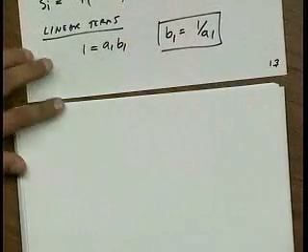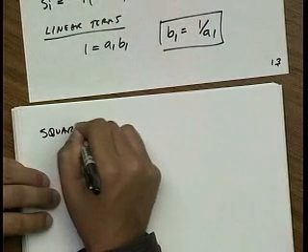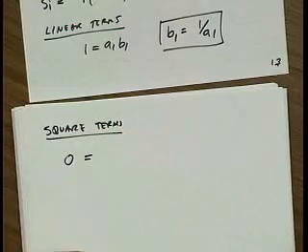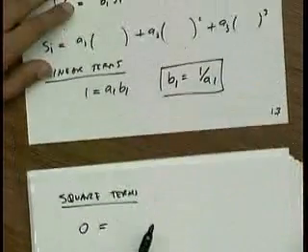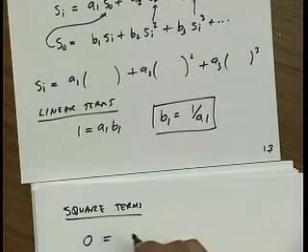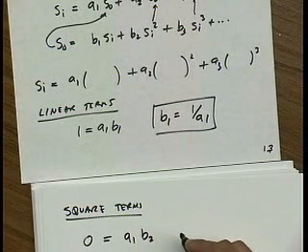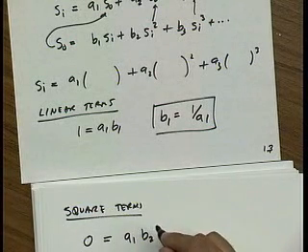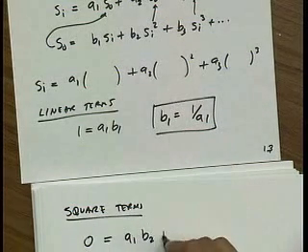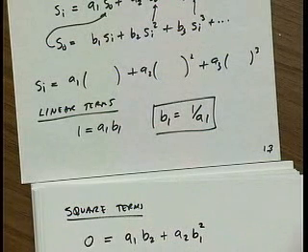Okay, now let's equate square terms. Well, there are no square terms on the left-hand side, right? On the left-hand side, I have just S input. On the right-hand side, I have A1 times B2 S input squared, so that's one term I need. What other terms do I have? If I look here, I have a term which is A2 B1 squared.